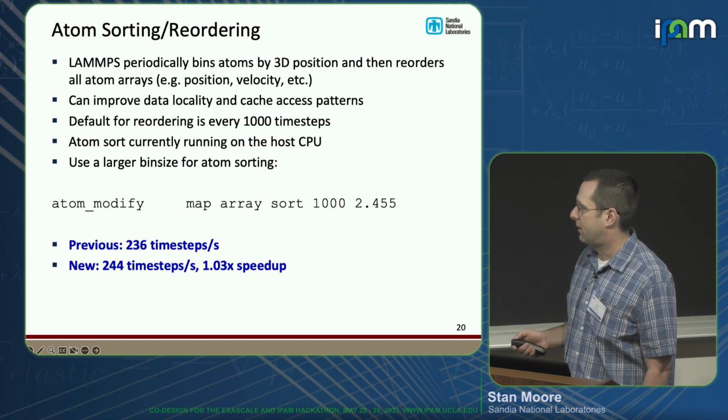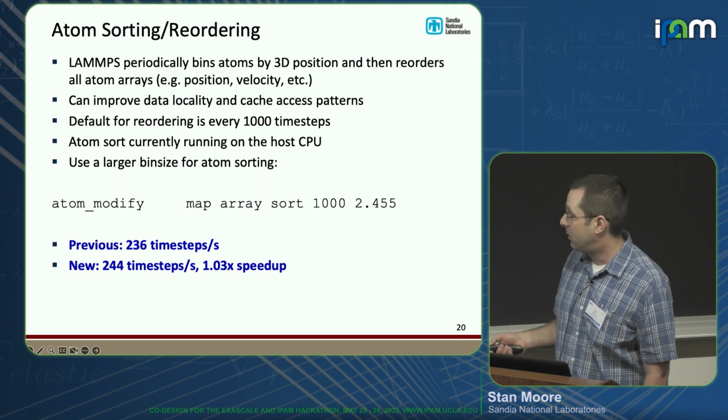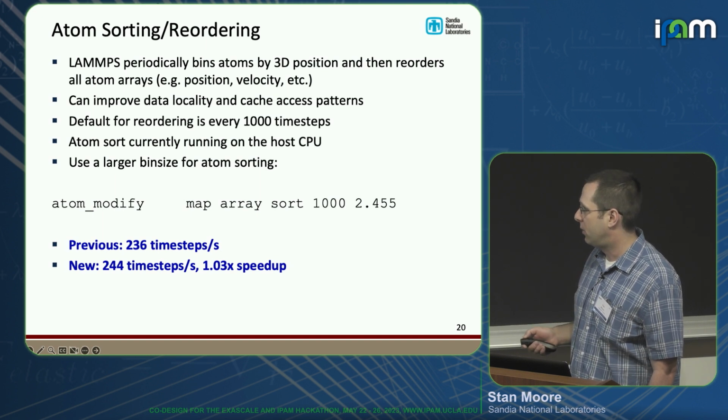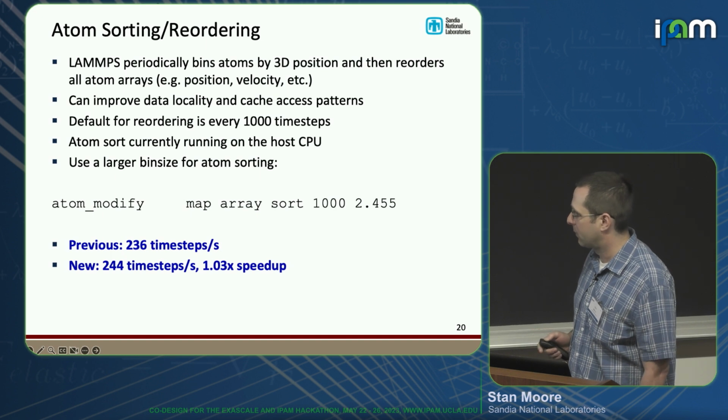The default is every 1,000 time steps. This is also currently done on the host CPU. And so we can optimize the bin size for binning this 3D position for atom sorting. If we do that, then we could get a very small speed up. So this is just increasing the bin size by a little bit over 2x.